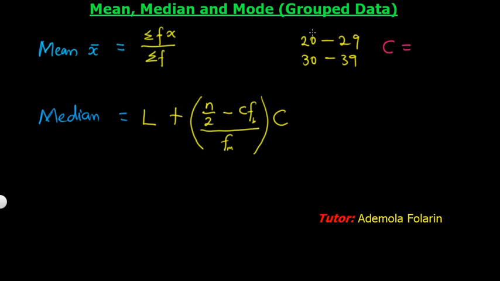You start from 20, 20, 21, 22, 23, 24, 25, 26, 27, 28, 29, and that is 10. So the class size is 10. Don't make the mistake of starting the count from 21, 22. No, you start from 20, which is the lower limit, to the upper limit. The total number of values captured there is the class size.